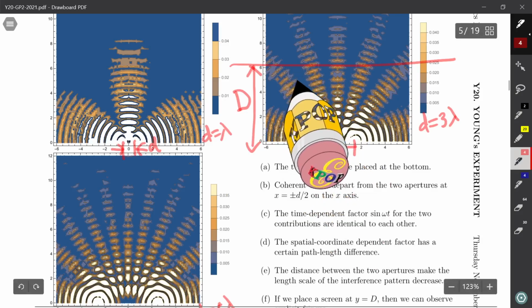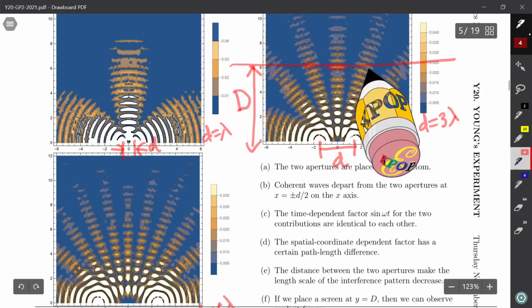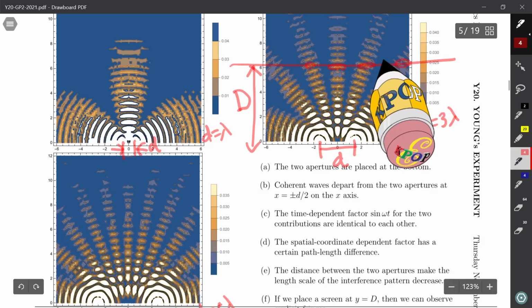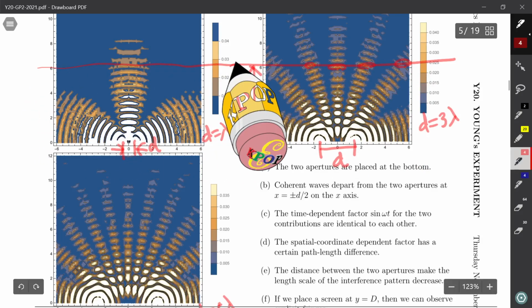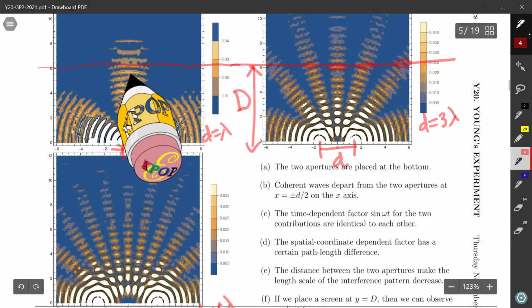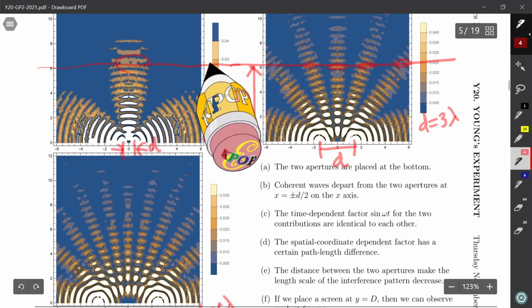Then you can find the bright, dark, bright, dark, bright, dark. At the same distance capture D, you find bright, dark forever.